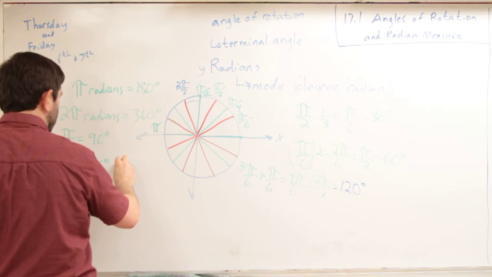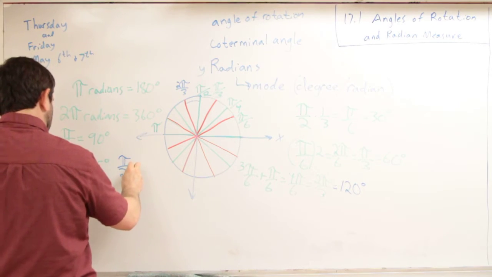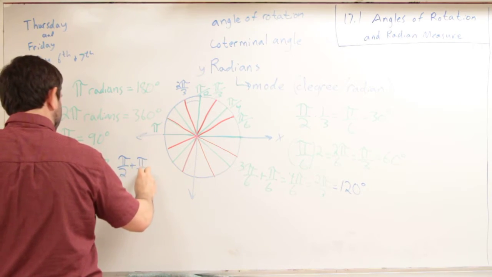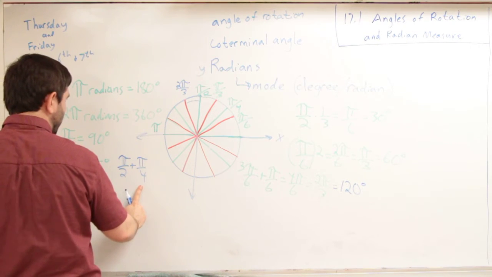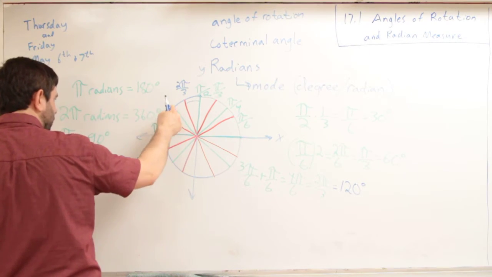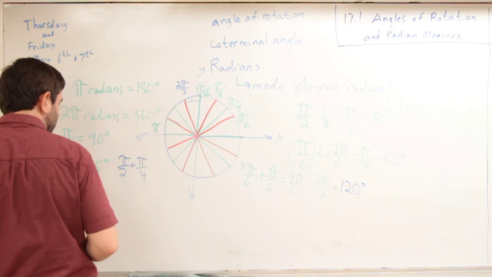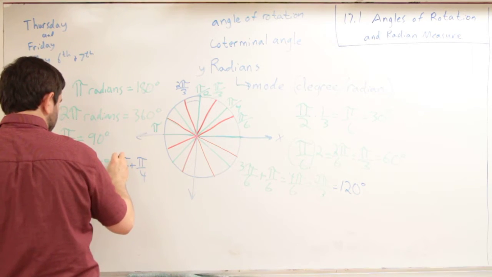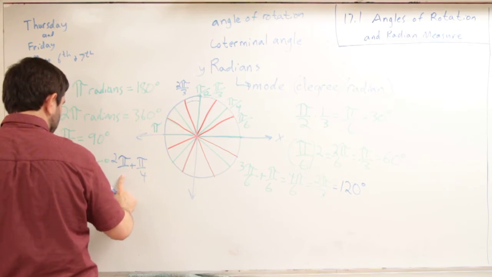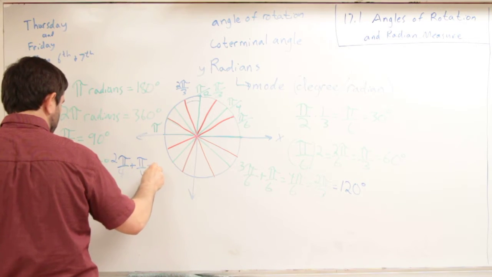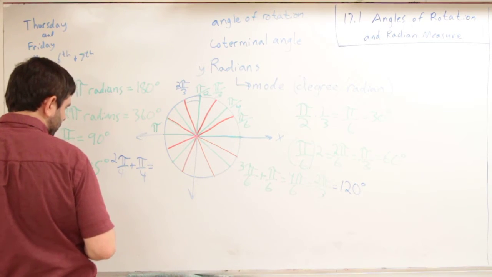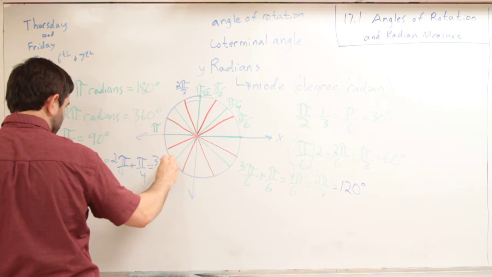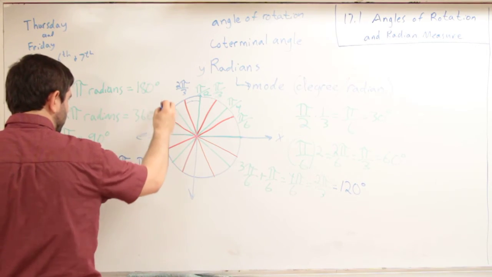So we can do pi over 2 plus pi over 4. That's 90 degrees plus 45 degrees. That'll give us the 135 degrees, this green line here. And this will equal 2 pi over 4. 2 pi's plus pi is 3 pi over 4.